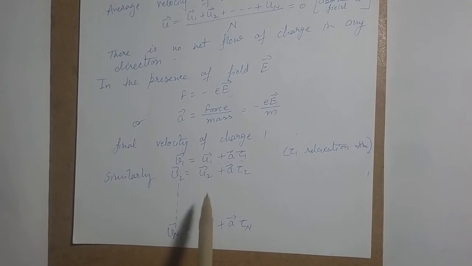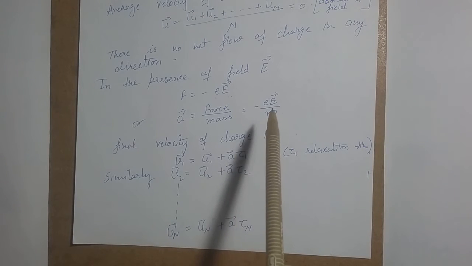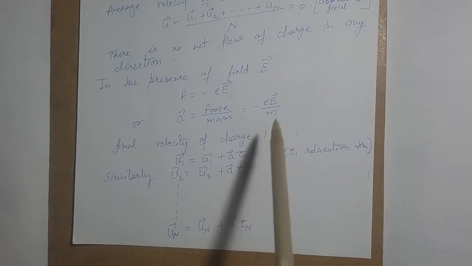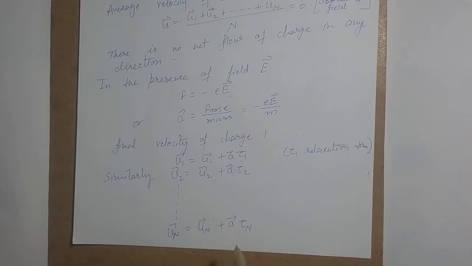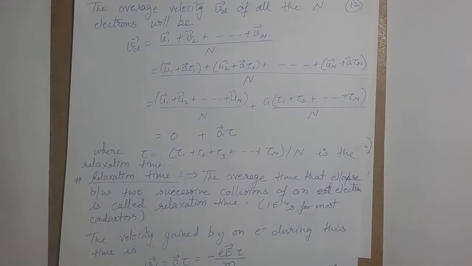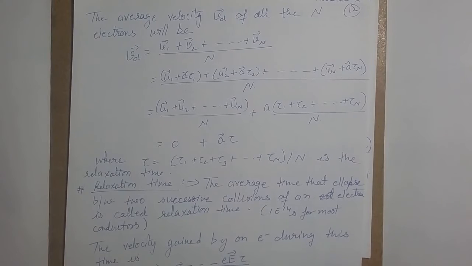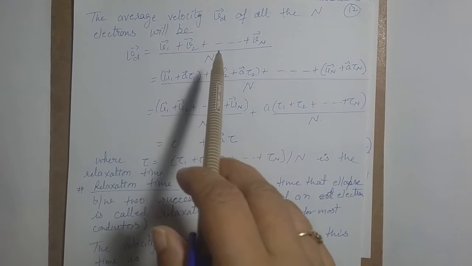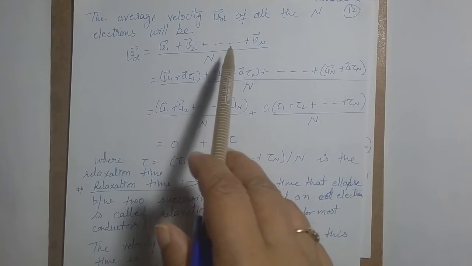Now these are the initial velocities, these are the final velocities, and we are assuming that for a given electric field strength, all the charged particles having the same mass will accelerate with the same acceleration, but their relaxation times are different.